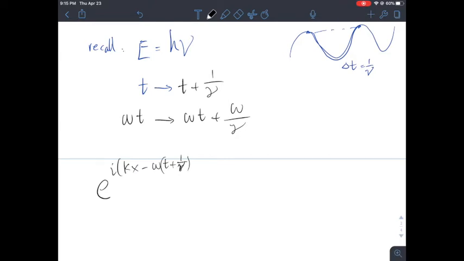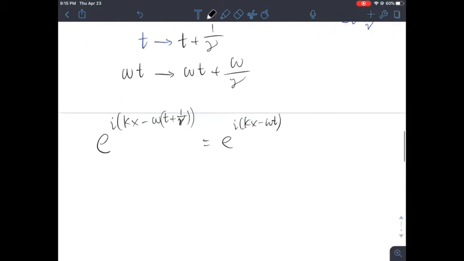Theoretically, that should return to our original value, e to the i of kx minus omega t. Then we expand it out, we have e to the i kx minus omega t minus omega over the frequency.